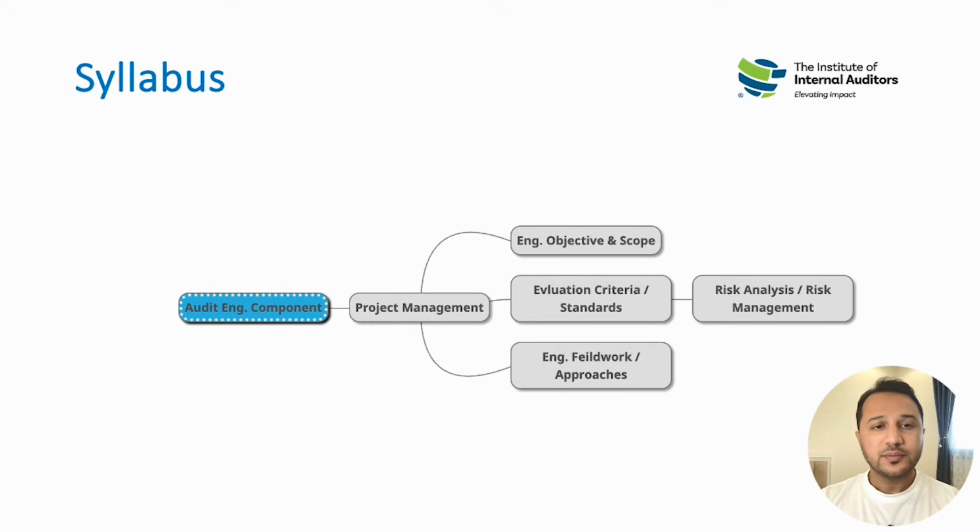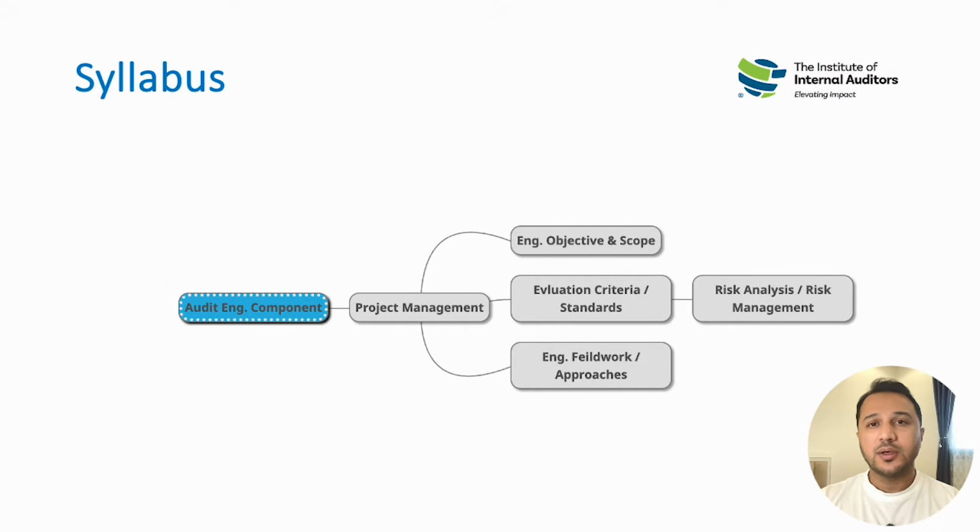So project management skills are important for internal auditors because in a year we have a certain number of audit engagements that we have to perform based on the internal audit plan approved by the audit committee or the board. Accordingly, when we perform each audit engagement, we have to manage it in a very professional manner.